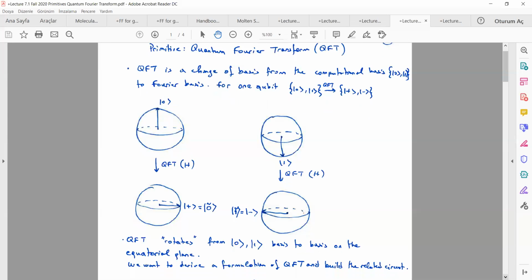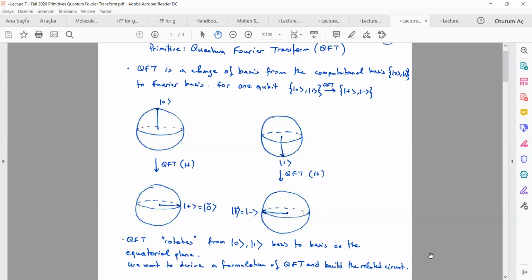It is the exact same notion of Fourier transform that we have seen in the classical context, but in the quantum context, as far as the Bloch sphere representation is concerned, it is just a change of basis from the computational basis to the Fourier basis.